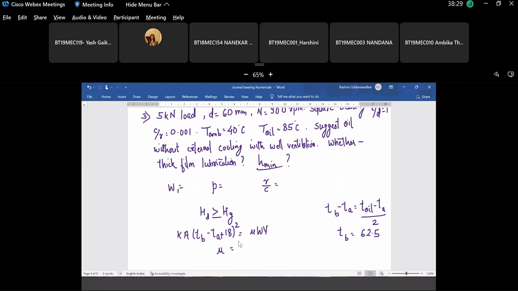Give me the value of mu. Deepika, what is the value for mu?